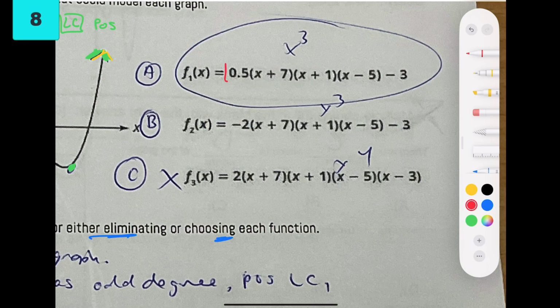This one has a positive leading coefficient. That's good. Let's look at the degree. X times X times X gives us X to the third. And then if you really wanted to know the y-intercept, you can multiply 7 times 1, which is 7. 7 times negative 5 is negative 35, negative 38.